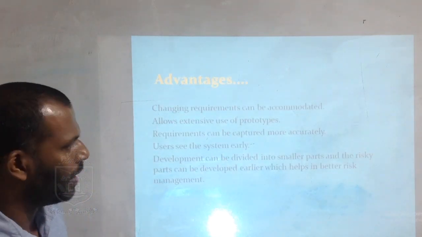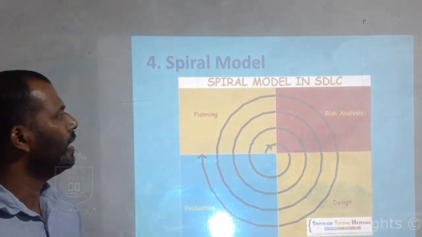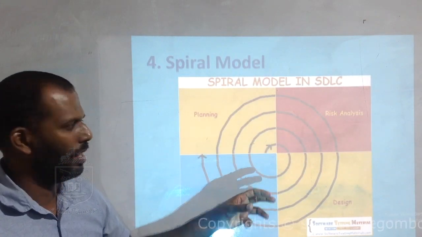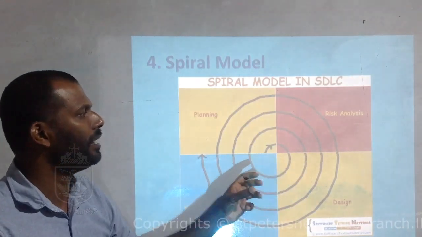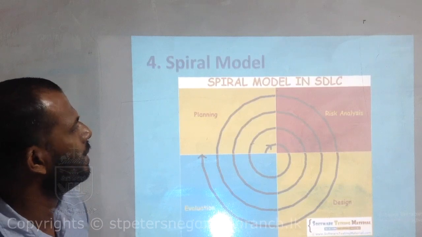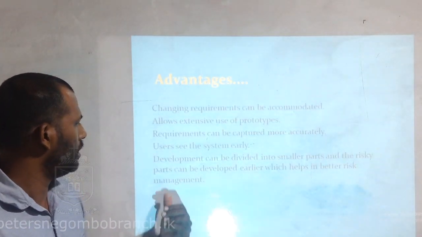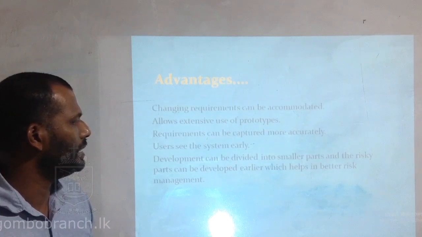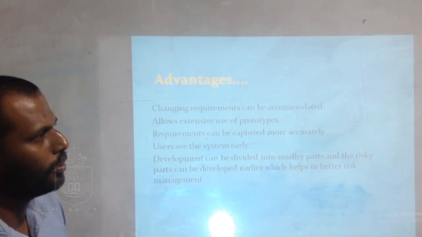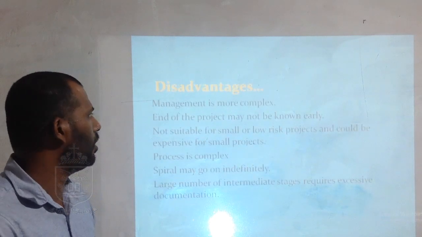There is a separate part for risk identification in this model. Therefore, risky parts can be handled easily. You can see how much risk is in each part and do the risk analysis very easily. You can easily manage your risk in the spiral model.